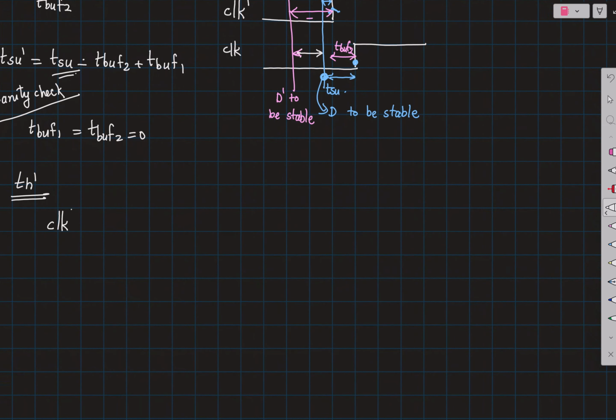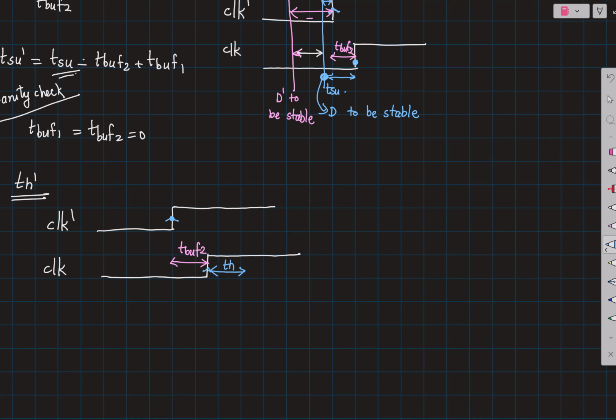So we follow the same principle. If you apply a clock dash that looks like this, your clock is going to be a delayed version of that, and this delay is by some T buff 2. And your hold constraint is with respect to this clock edge. And now you have to convert this constraint in terms of some time delay after this clock edge. So if I consider only the delay in the clock path, this will simply be equal to T buff 2 plus T hold.